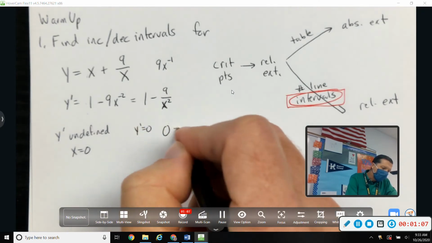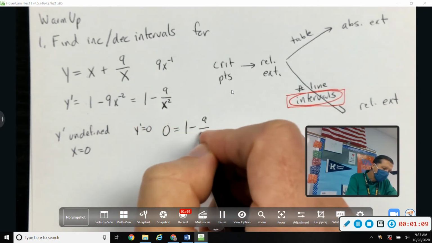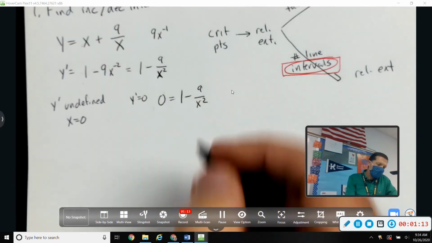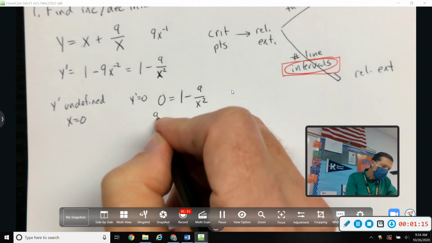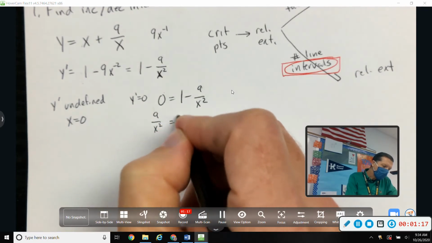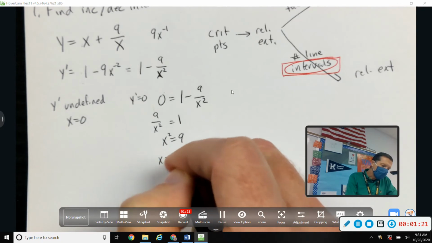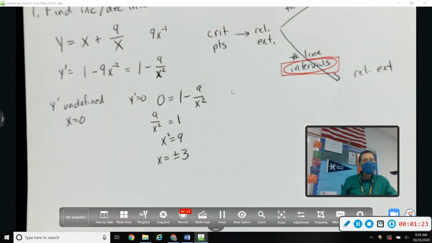If I set it equal to 0, then I've got a little bit of algebra to mess with. Let's move this over. So 9 over x squared equals 1. So x equals plus or minus 3. So I've got 3 critical points, 3 possible extrema.